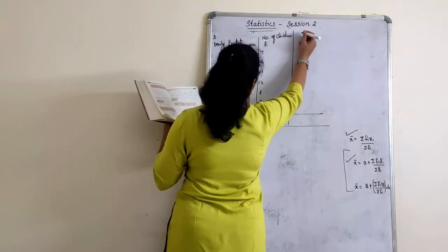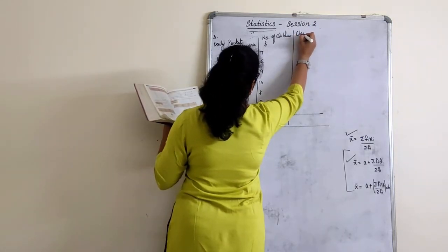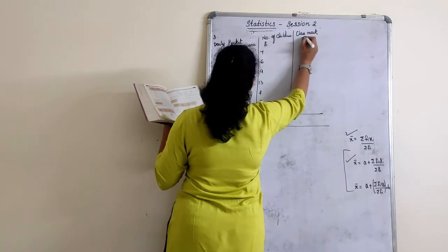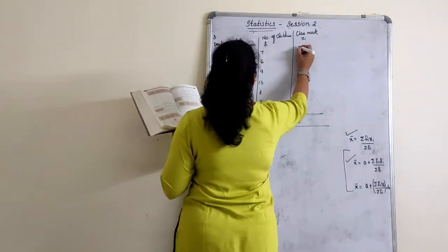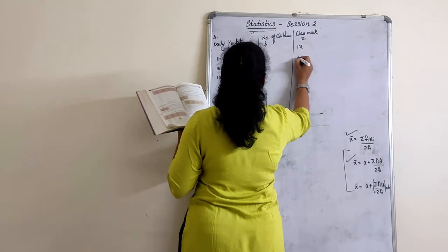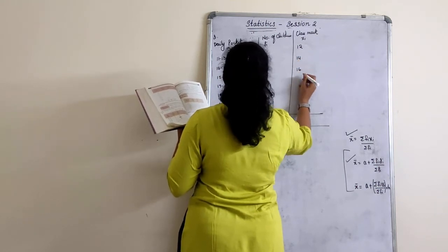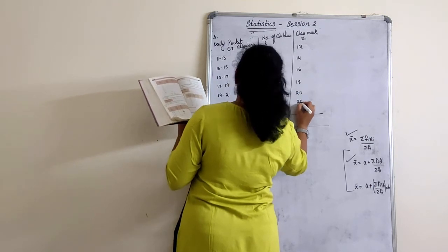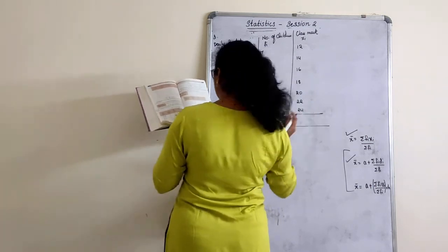I'll tell you later. Next is class mark, xi. 11 to 13, very simple. It is 12, 14, 16, 18, 20, 22, 24.